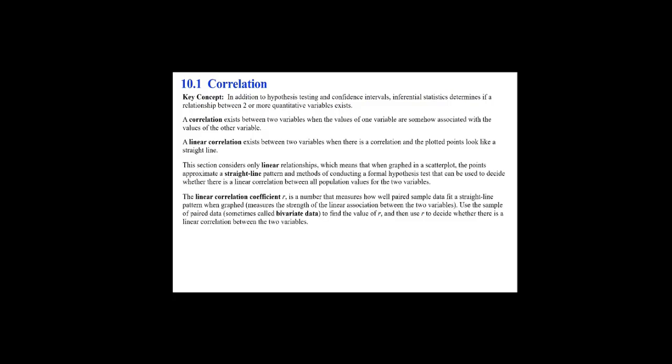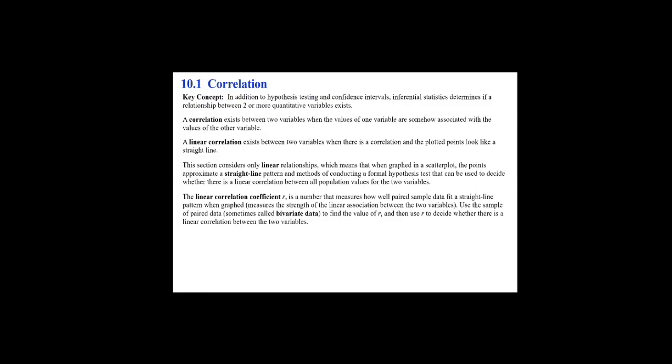A linear correlation exists between two variables when there is a correlation and the plotted points look like a straight line. This section considers only linear relationships, which means that when graphed in a scatter plot, the points approximate a straight line pattern, and methods of conducting a formal hypothesis test that can be used to decide whether there is a linear correlation between all population values for the two variables.